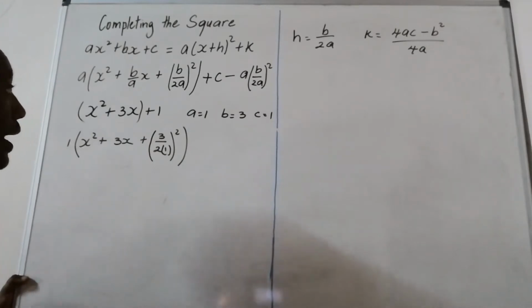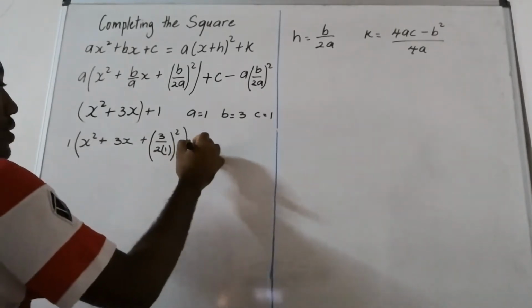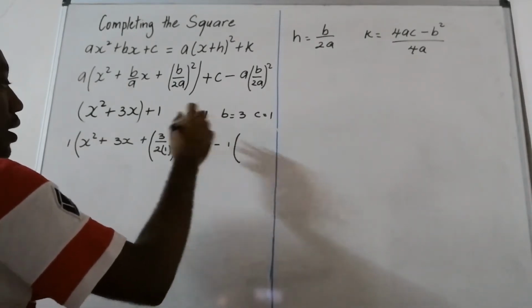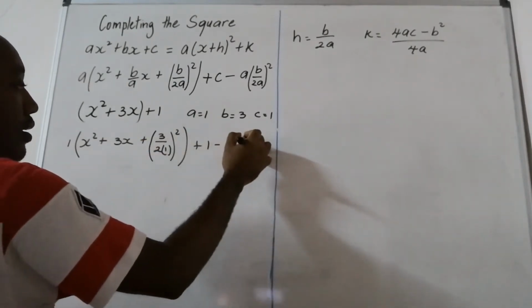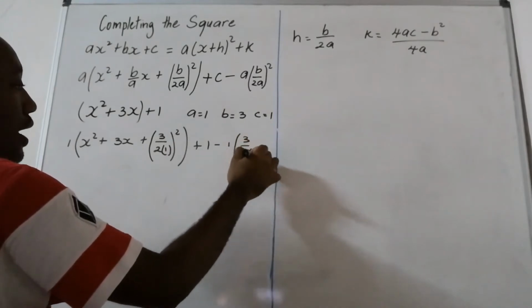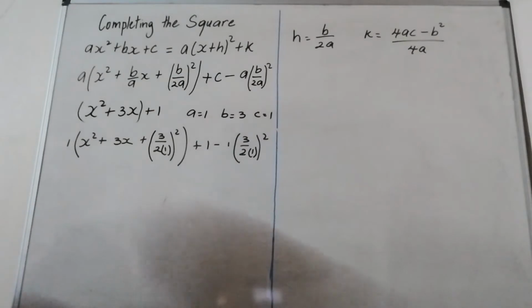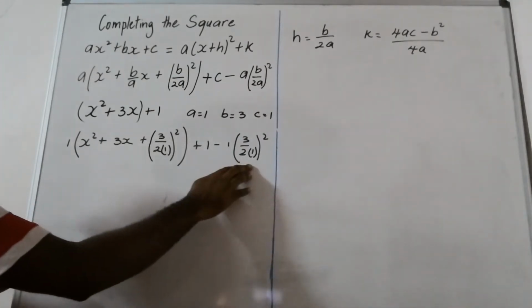Now we're adding to that c minus 1 times what is in here, 3 over 2 times 1, all squared. Now why did we subtract here?